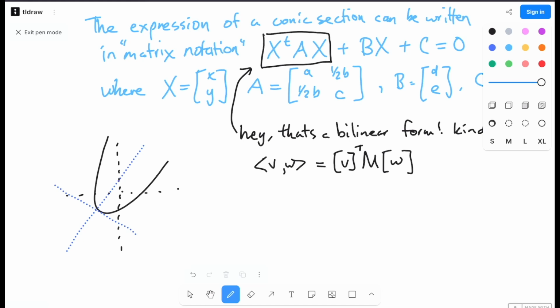And so indeed, the sketch of the proof for this classification theorem is that first, find a better orthogonal basis.